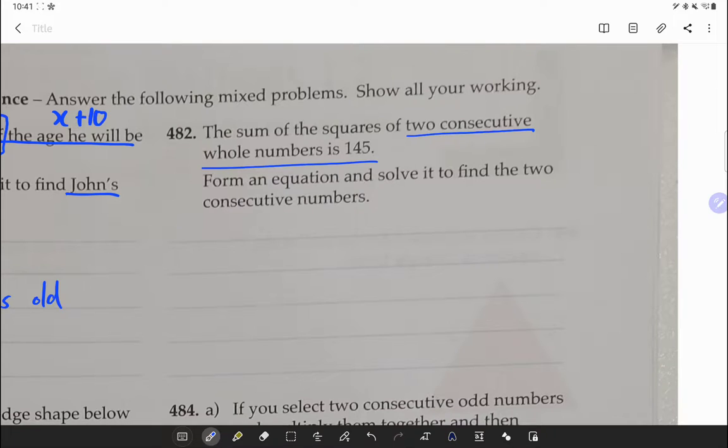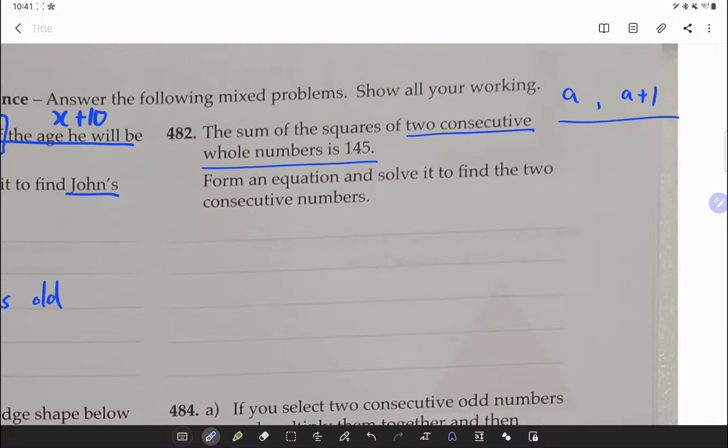So let's say the two numbers are, I don't know, A and B. But instead of writing A and B, because we know they're consecutive, let's not use two different variables. We might as well just choose one. So we'll say A is the first of the two numbers, and the second number we're going to call A plus 1 because it's consecutive. It's the next whole number, right?